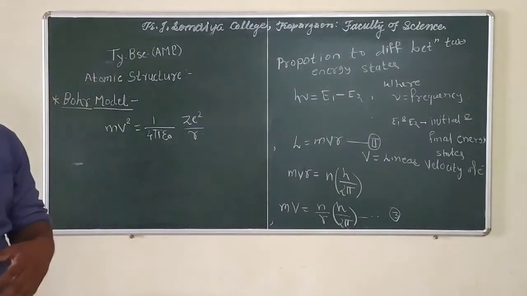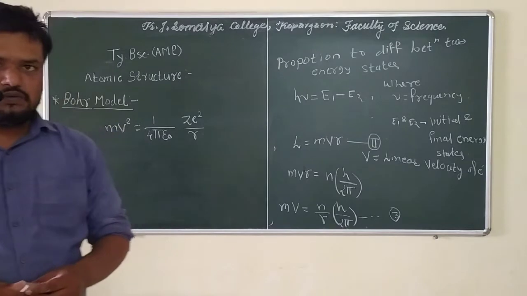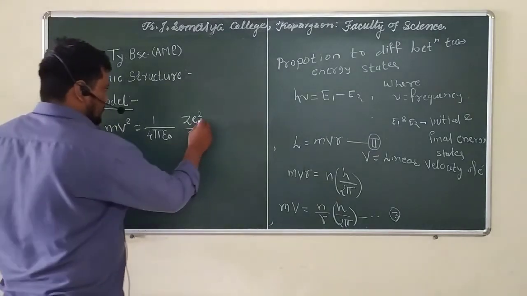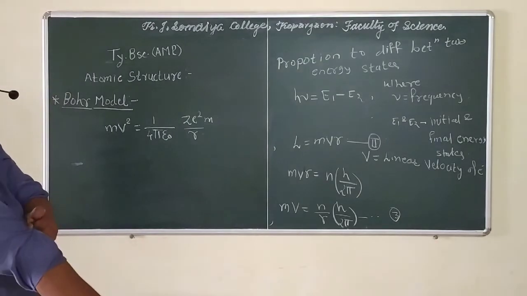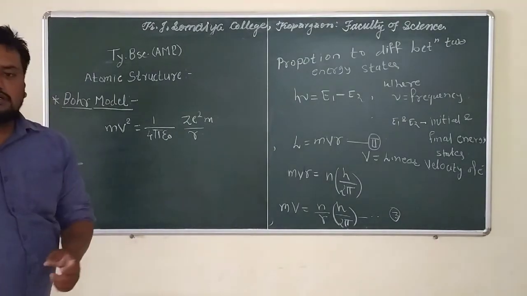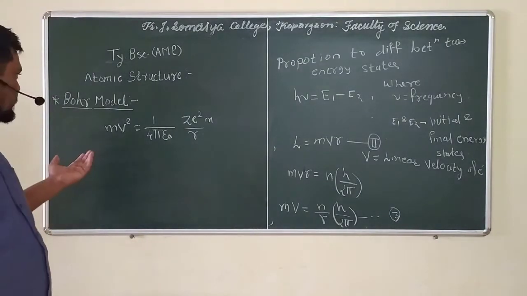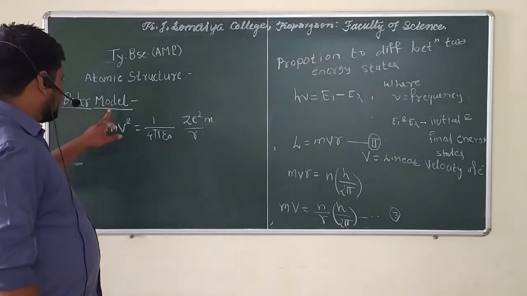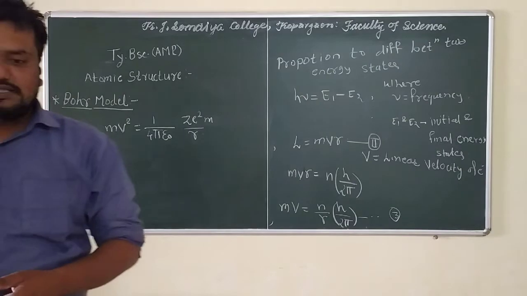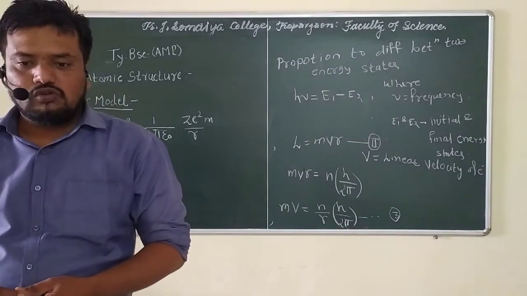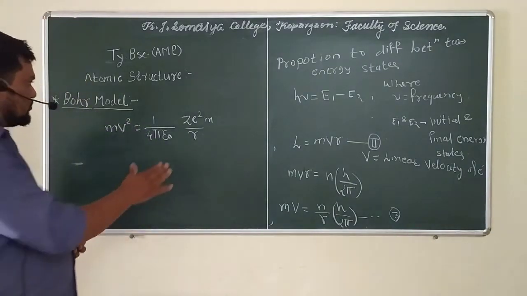So this is the last equation from the last lecture. Now we want to multiply by m on the LHS and RHS sides also.